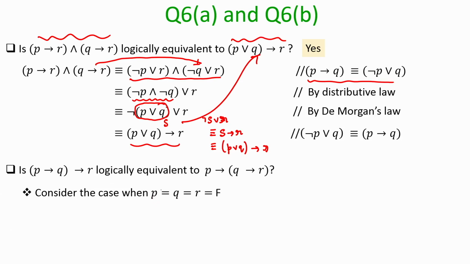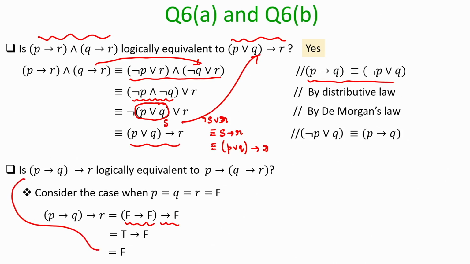So, the counter example that I am demonstrating here is when P, Q and R all take the truth value false. In that case, the left hand side part, namely (P implies Q) implies R, will be considered as false implies false, and then that implies false. But false implies false is true and true implies false is false. Okay. So, that means for the truth assignment that I have considered here, this implication is going to take the value false.